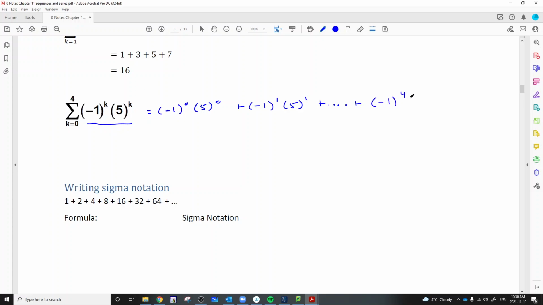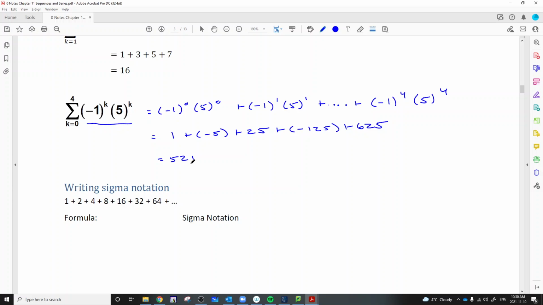So -1 to the 4, 5 to the 4. So hopefully you've written all those out and then you add them together. So it should be 1 plus -5 plus 25 plus -125 plus 625. And you should get 521.